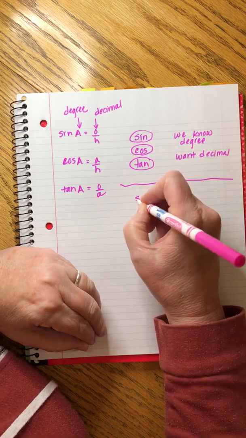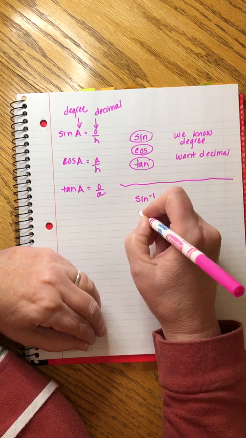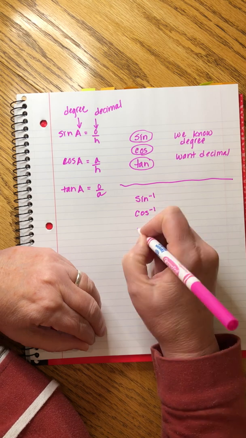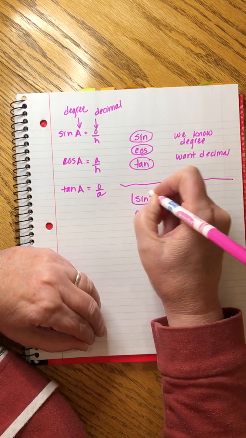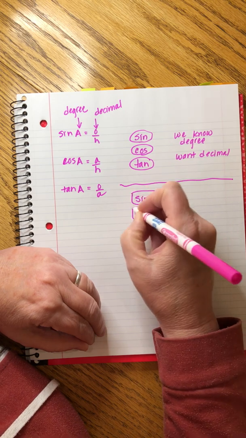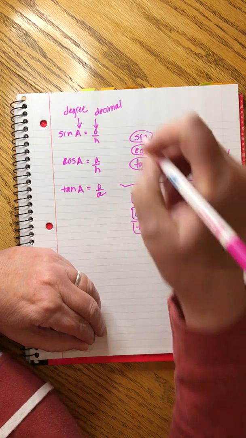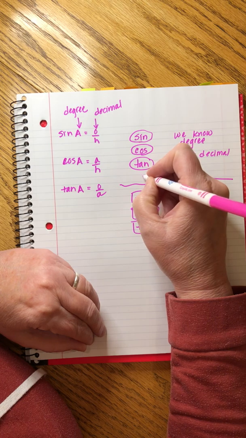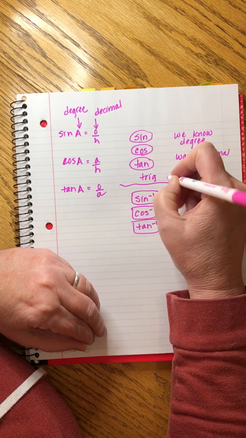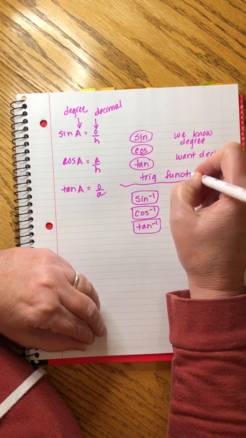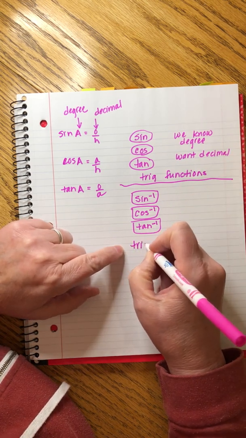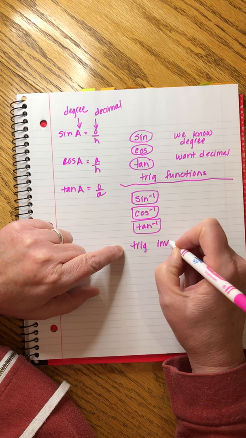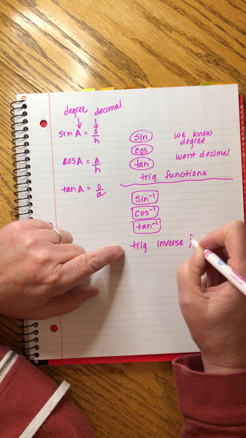There's also a set of buttons, and I'm going to show you them in just a minute, that look like this. And these are what we call, I'll talk about this later, but I'm going to just tell you the word right now, these are what we call the trig functions. And these are what we call the trig inverse functions.